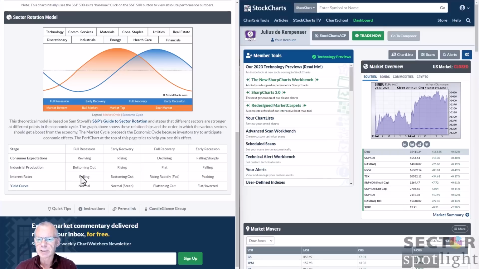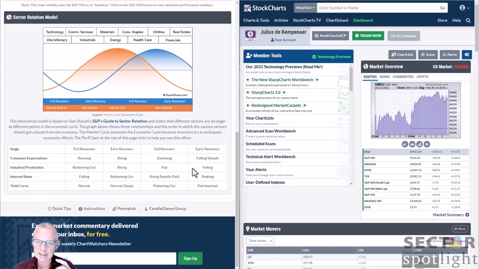The second tool that I'm going to use is the public chart list, because I've set up a number of charts for these four economic indicators, as well as the 11 sector charts, the monthly charts. They're all stored in one public chart list.